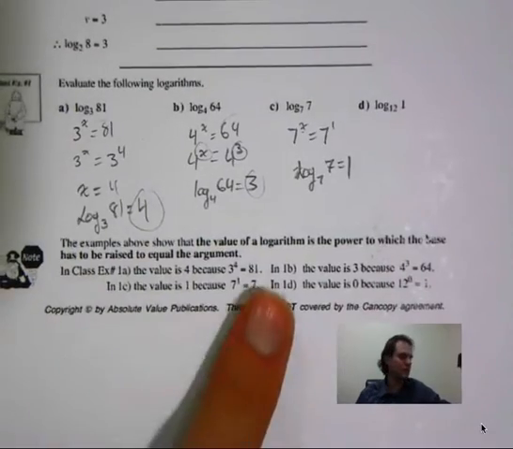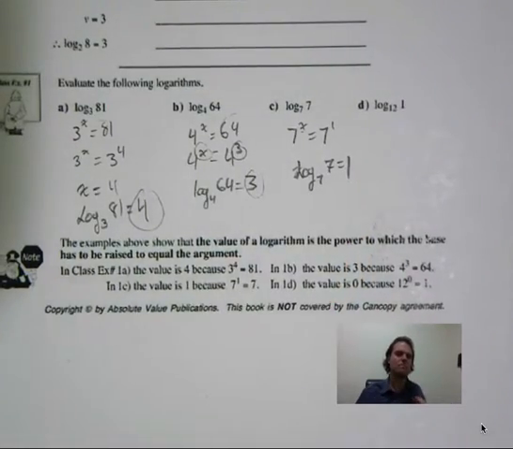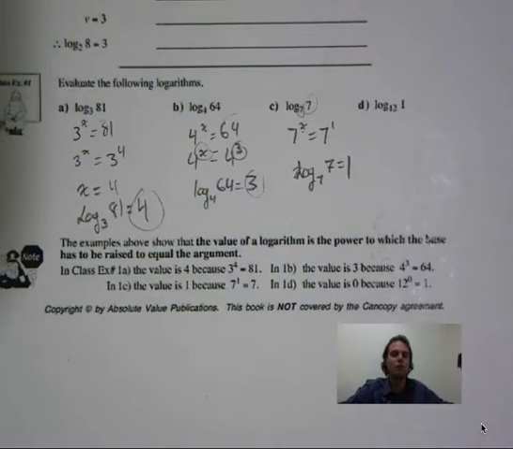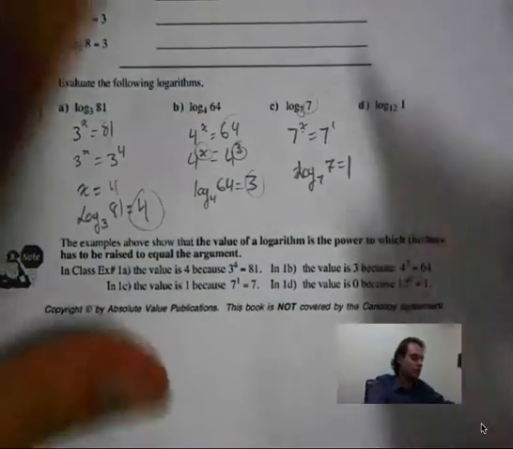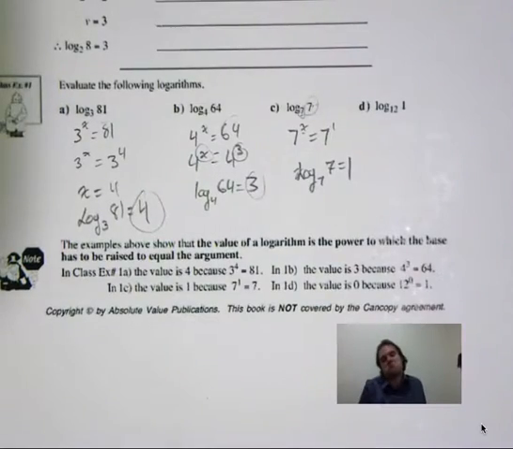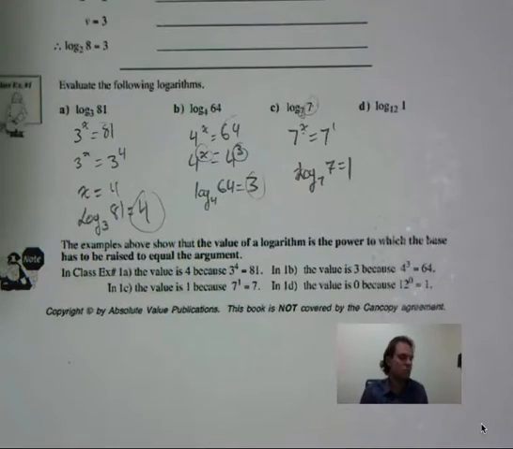Now, what if I have log base 8 of 8? That's going to be 1 as well. Log base 1 million of 1 million, that's going to be 1 as well. So if these two numbers are the same, our base and our log number, then it's just going to be 1.